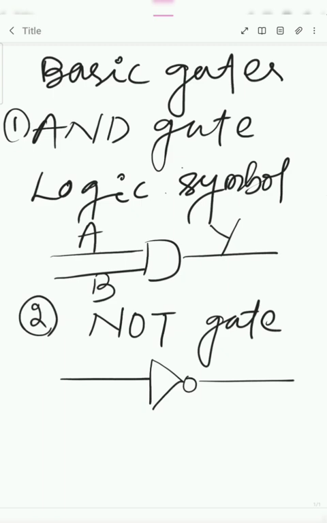The output is the complement of the input. Suppose the input is A, then the output is A complement.